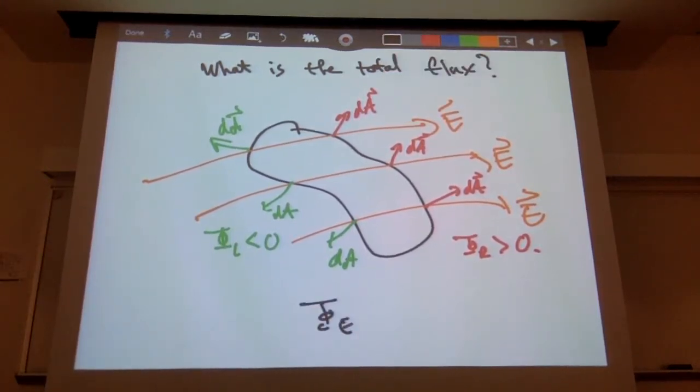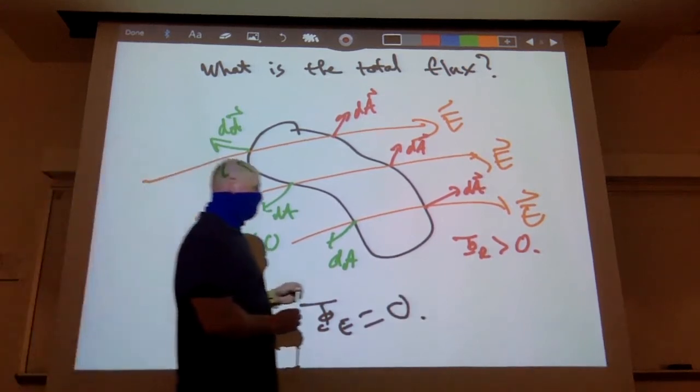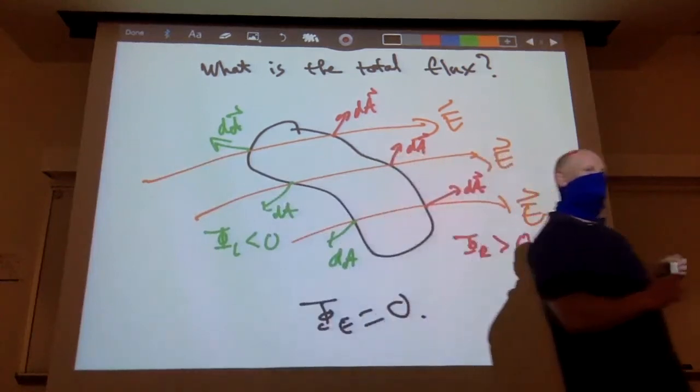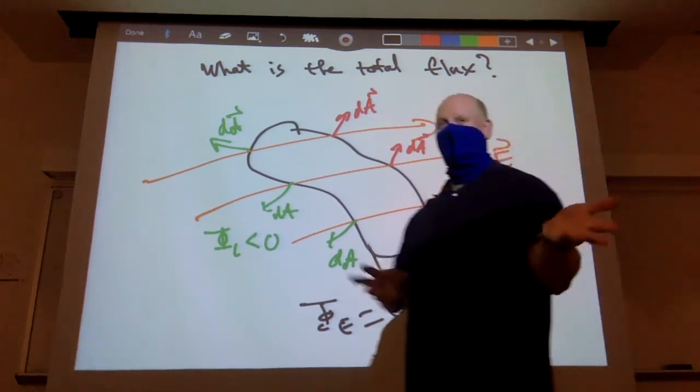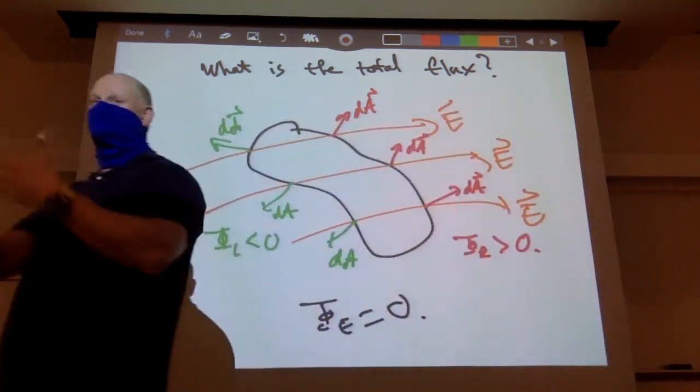In this case, the total electric flux must be equal to 0. So what does that tell me? Well, that tells me that anytime I have an equal number of flux lines coming in versus coming out, I'm always going to have a total flux equal to 0.